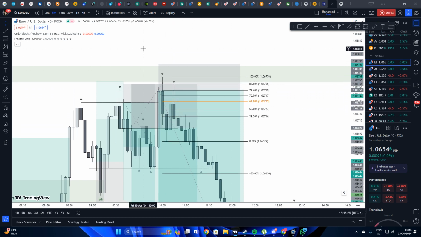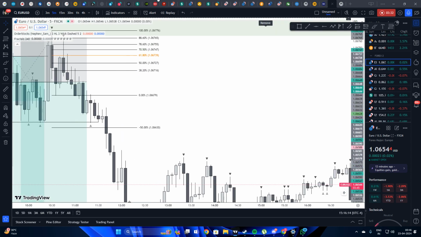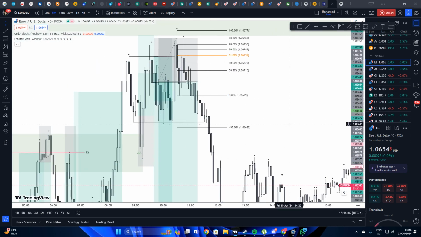For you to catch a market sweep entry, you have to either place limits or always be active on the market, and that's not possible.